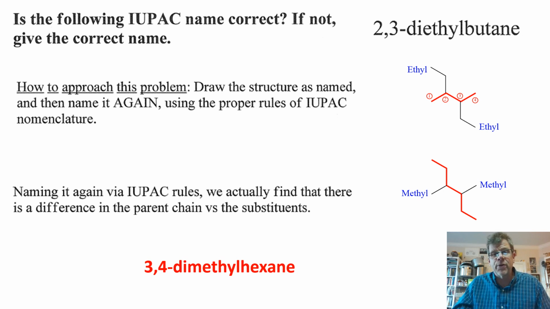So it comes out to 3,4-dimethylhexane now. Really, the only way to solve this sort of problem is to do exactly as it says here, draw it out and name it again using the rules of IUPAC. Is it the same name? If it is, great. If not, then that's the actual name that we're given.